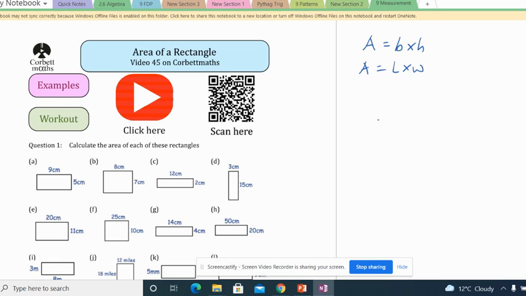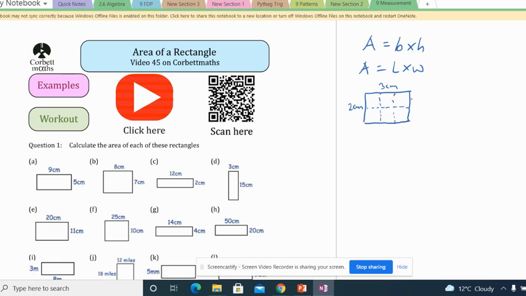So in a nutshell, area is essentially the space inside a shape. As a very basic example, if I had 2 centimeters here and 3 centimeters here for a shape, what would be going on? If I break it up, there's my 2 centimeters, 1 centimeter, another 1 centimeter. If I split this up into 3, each of these little squares would be 1 centimeter by 1 centimeter.